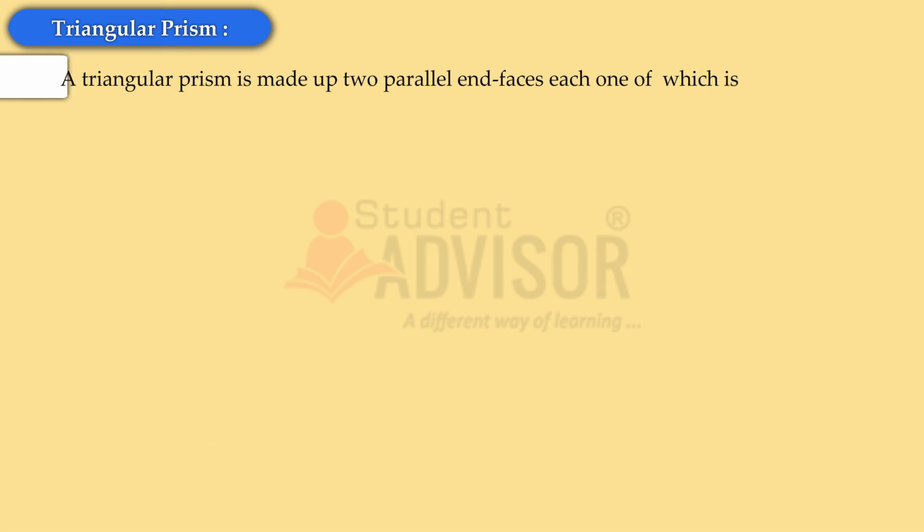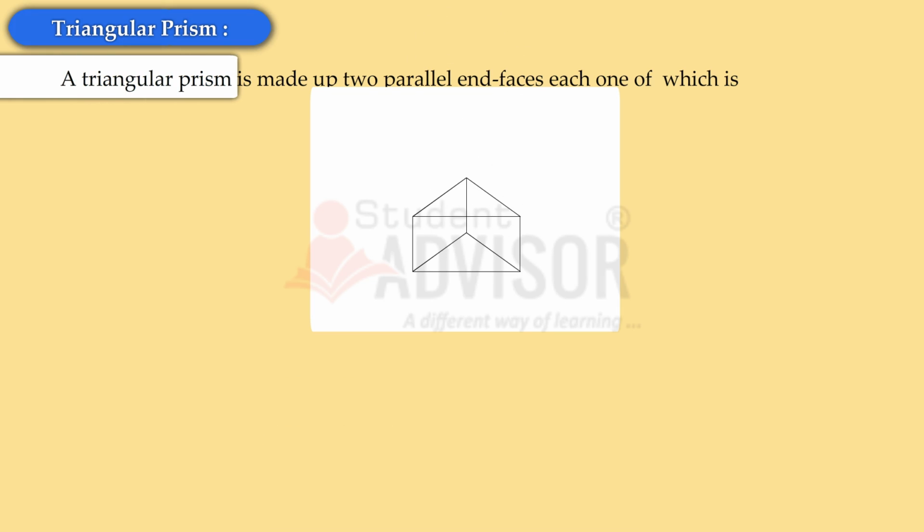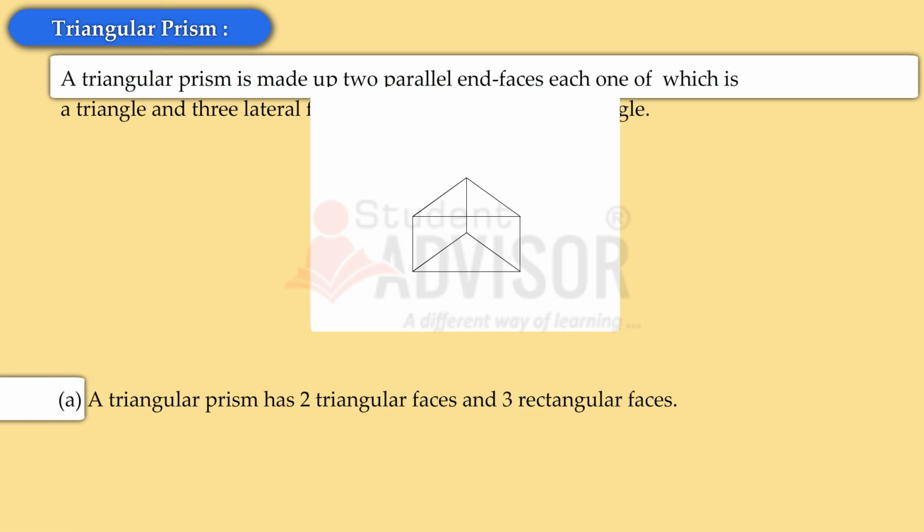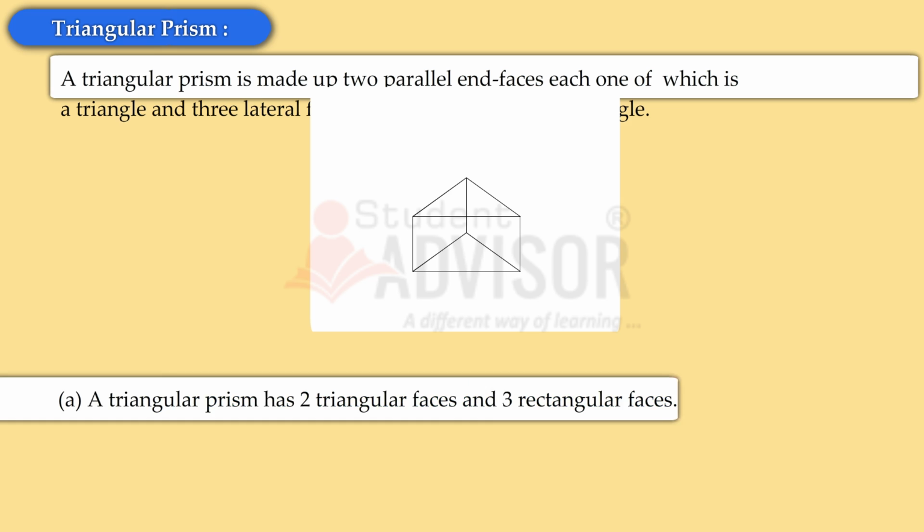Triangular prism. A triangular prism is made up of 2 parallel end faces, each one of which is a triangle, and 3 lateral faces, each one of which is a rectangle. A. A triangular prism has 2 triangular faces and 3 rectangular faces.